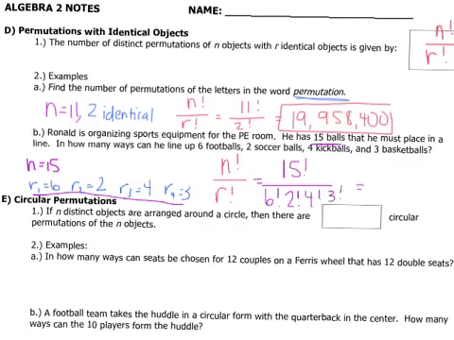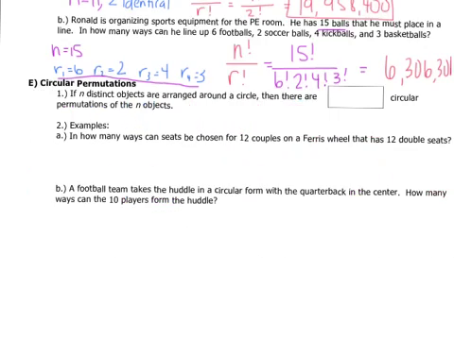You might want to do a little bit of work in between here in the final answer. You might want to go ahead and calculate what the denominator is equal to, but when all is said and done, we should have 6,306,300.